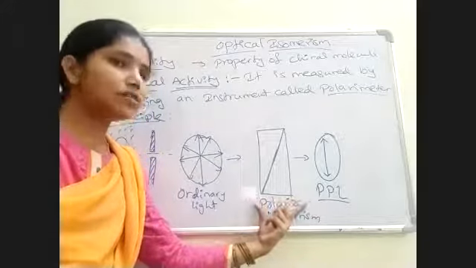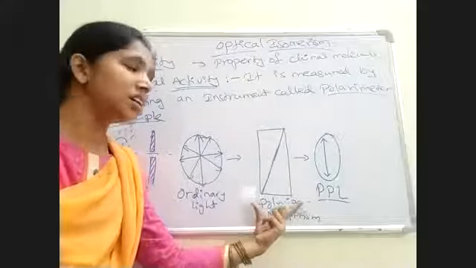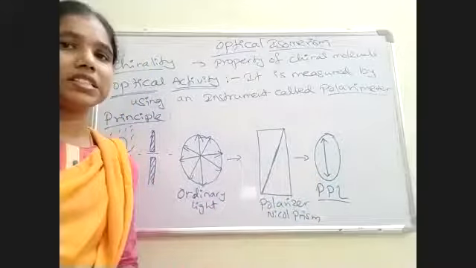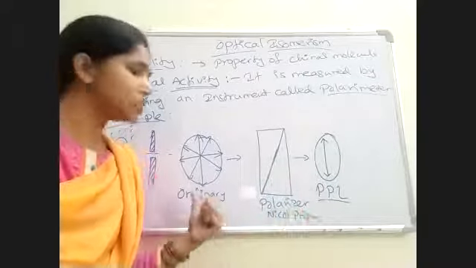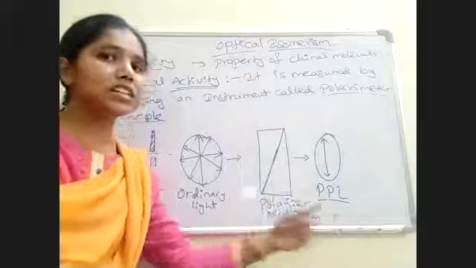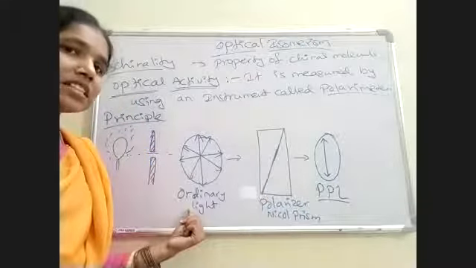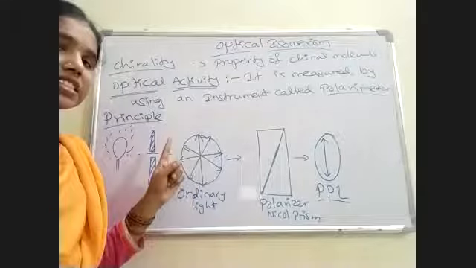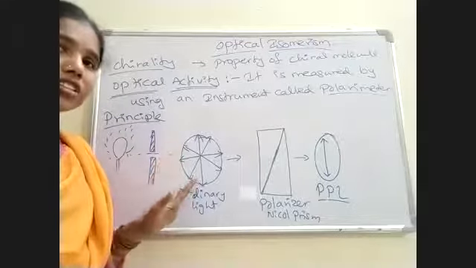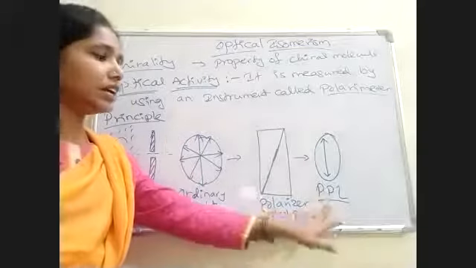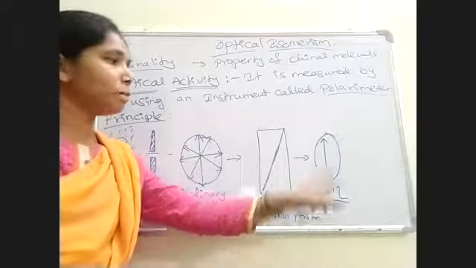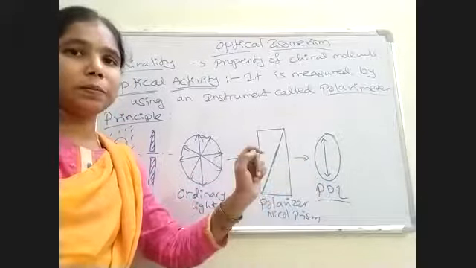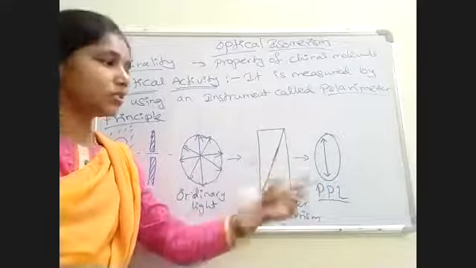The polarizer converts the ordinary light into plane polarized light. What is the difference between ordinary light and plane polarized light? Ordinary light scatters in all different directions in a plane. But here the oscillations of light are taken in only a single plane.